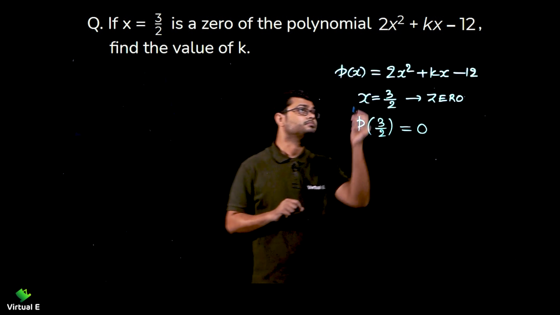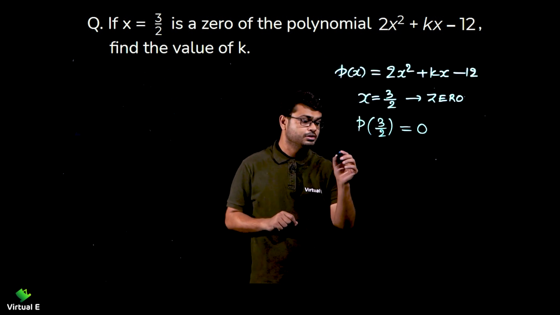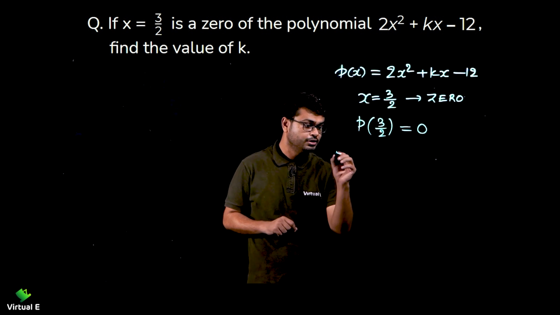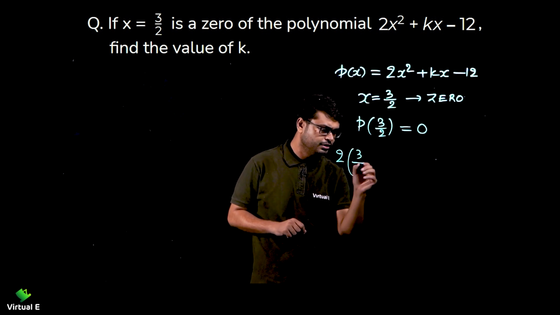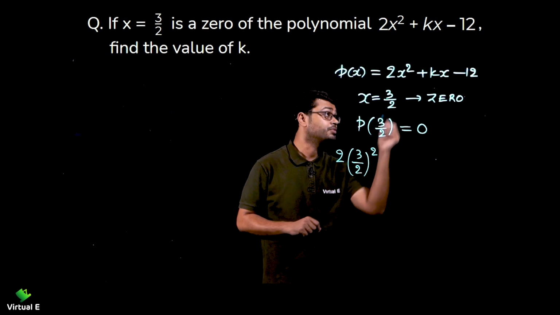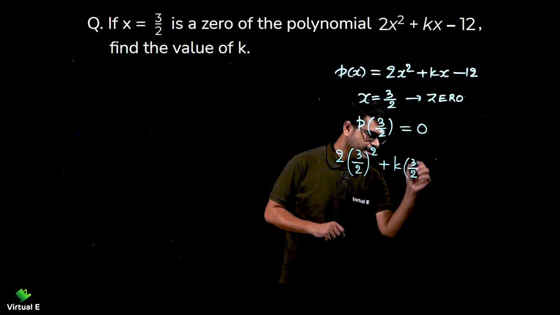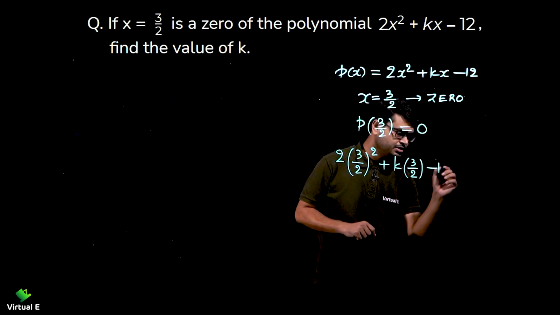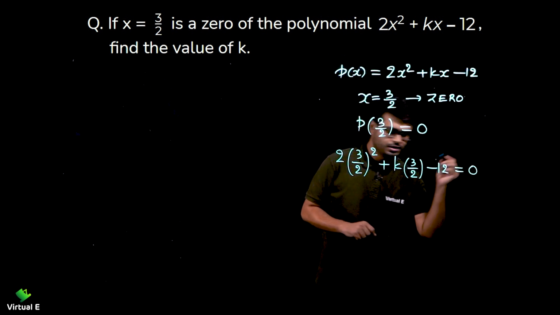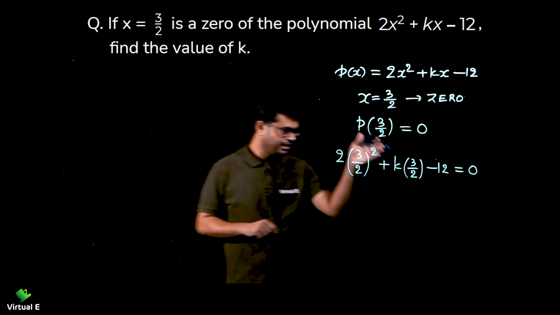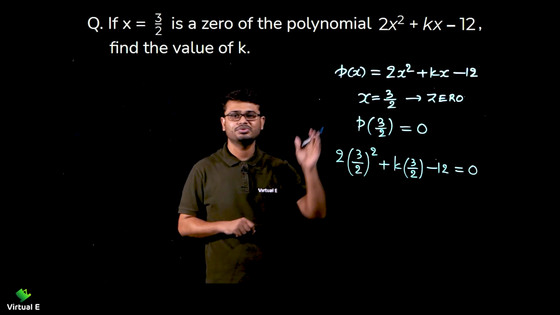So let's start with p(3 by 2). Here, instead of x, we are going to write 3 by 2. So 2 into (3 by 2) whole squared plus k into 3 by 2 minus 12 is equal to 0. This is a kind of linear equation in one variable, where the variable is k and we are supposed to find it.